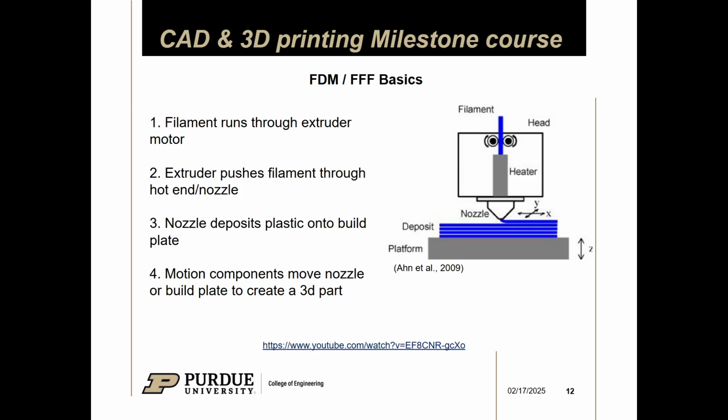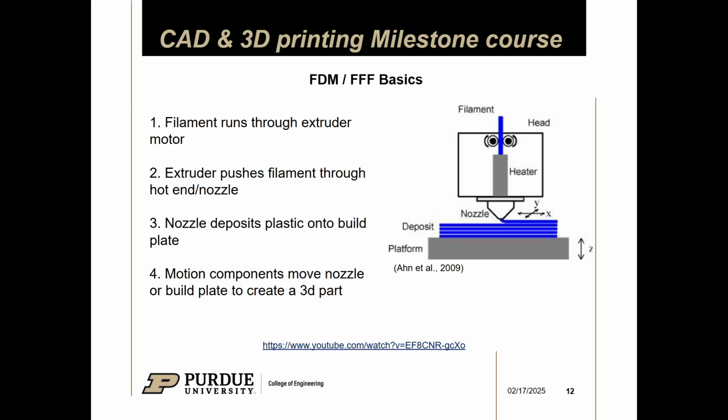You know how a hot glue gun works? You take the stick, you put it in, and then you pull the trigger, and it extrudes the glue. Instead of the glue, we have a plastic, and then we have a computer controlling everything, right? Because you're doing it with a computer, you can precisely deposit the material in different places, and you can do that over and over again until you have a fully 3D part.